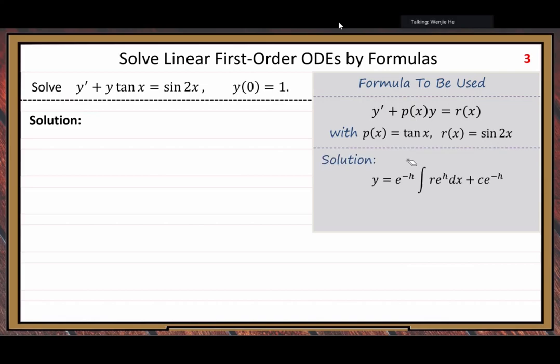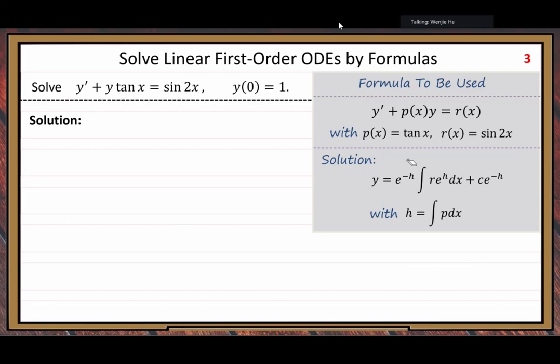The final form of this formula uses the little h function, where we take the integral of p, then e to the negative h. Here, e to the h. We multiply both sides, so finally we get this formula.